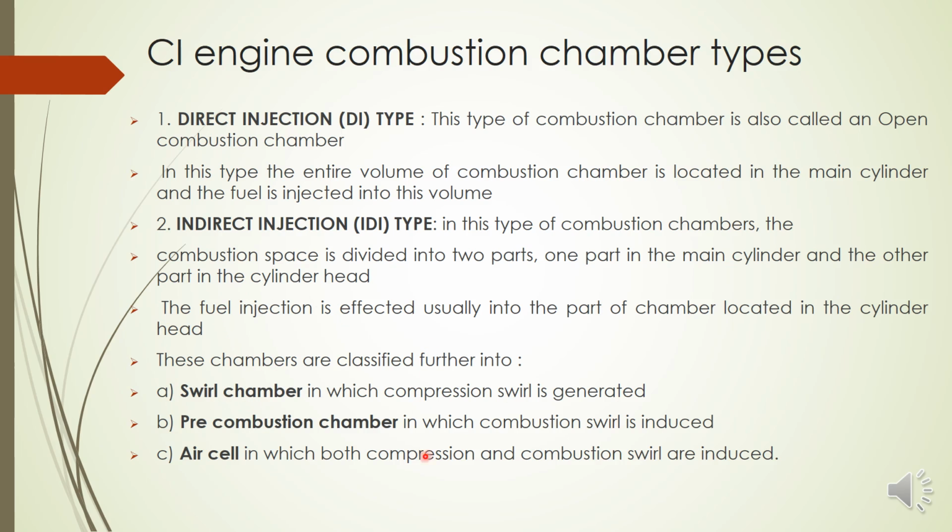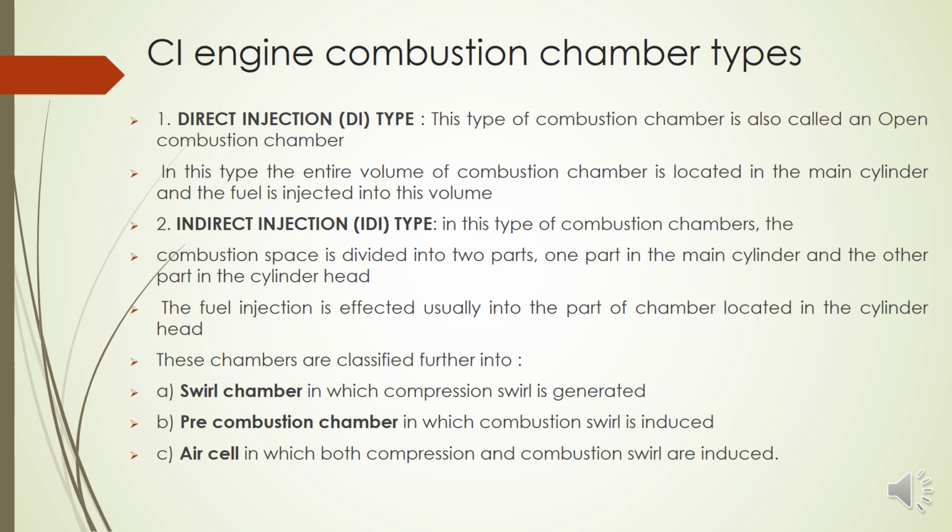And these are again 3 categories: swirl chamber in which compression swirl is generated, pre-combustion chamber in which combustion swirl is generated, and finally the air cell chamber in which both the compression and combustion swirl are induced.